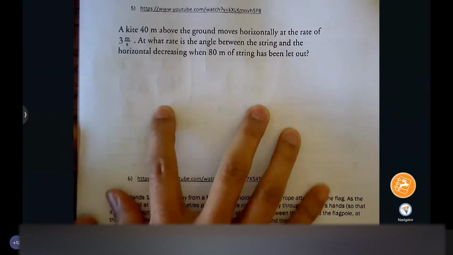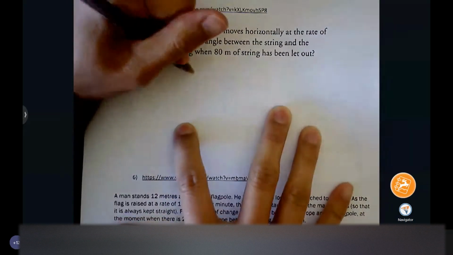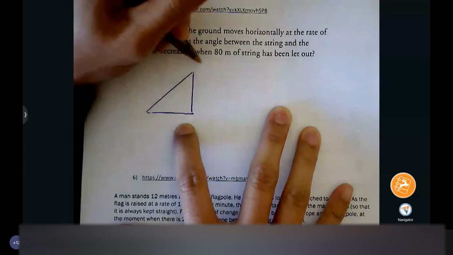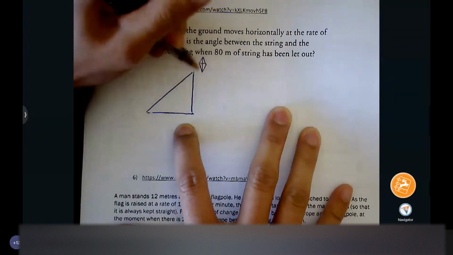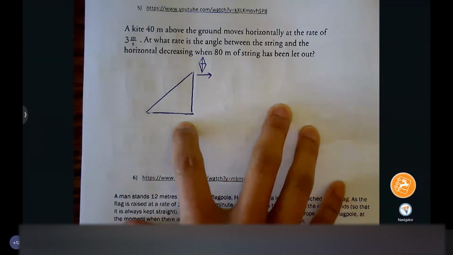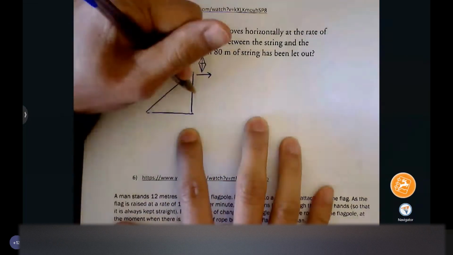We have a kite that's 40 meters above ground, moving horizontally at a rate of 3 meters per second. So here's my kite. It's going to stay at a constant height of 40 meters.